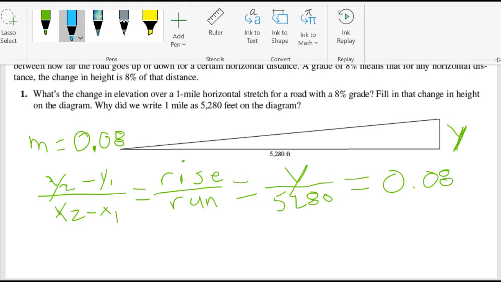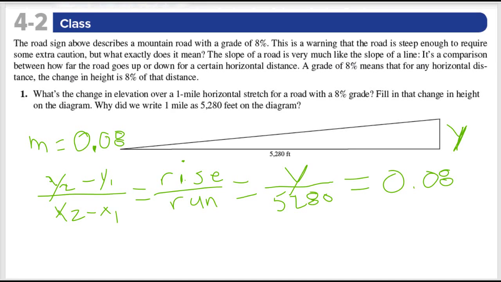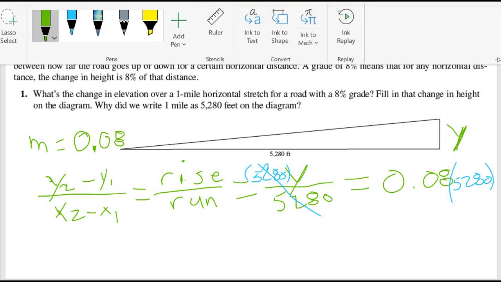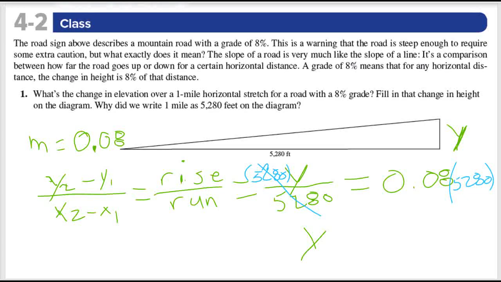And I'm going to multiply both sides by 5,280. Okay. And of course here, 5,280 divided by 5,280 leaves me with y.